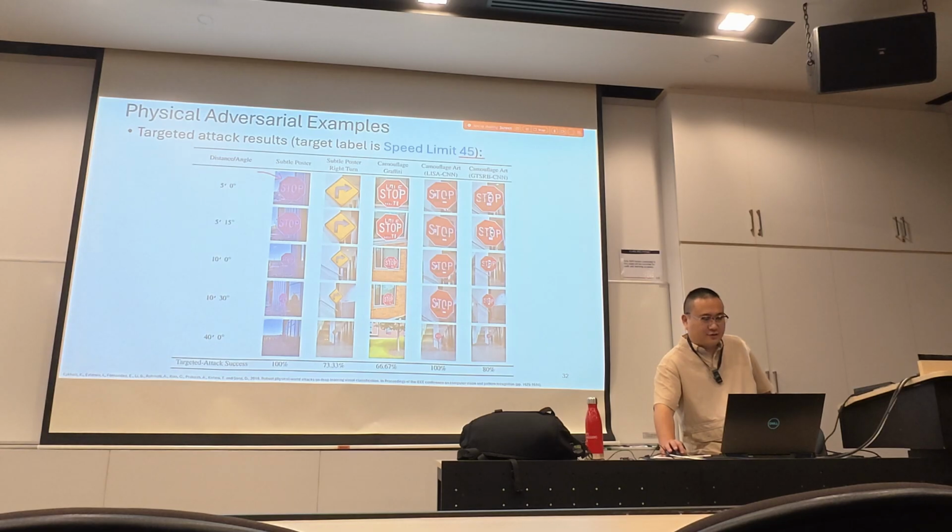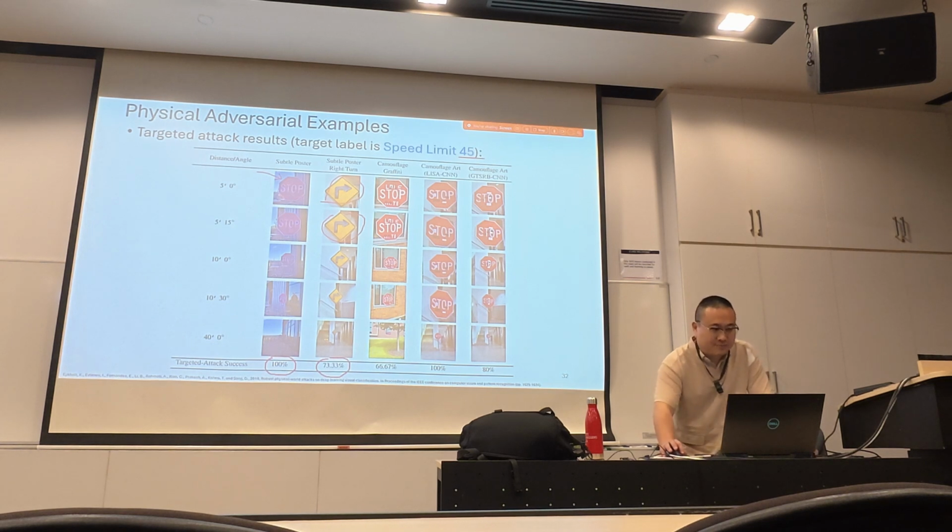So here you can see that we have the stop sign, and this can fool the model 100% of the time. And also we can use different traffic signs to generate the attacks. And also the success rate is very high, more than 70% of the time.